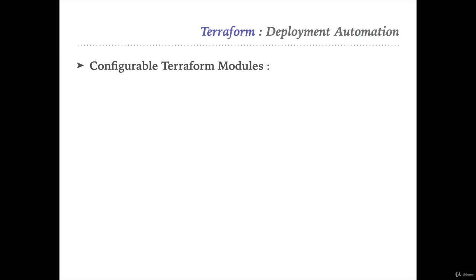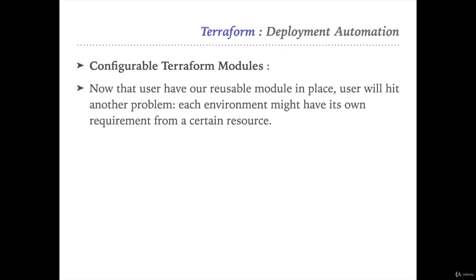Let's discuss the second definition of the module, which is the configurable module. What is a configurable module? Now the user has the reusable module in place, but here the user will hit another problem. Each environment might have its own requirement for a certain resource.